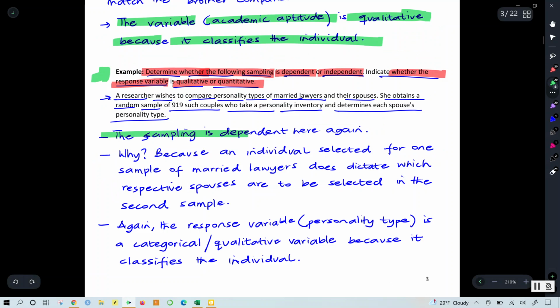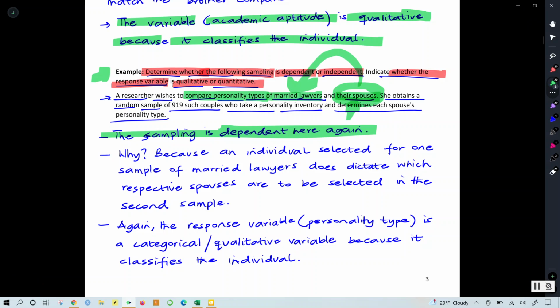Here, the sampling is dependent again. Take note that we're about to compare personality types of married lawyers and their spouses. So, one population is the population of married lawyers, and another population is their respective spouses. So, whatever sample you select out of this population is dependent on the individuals you selected to be in the first sample of married lawyers.